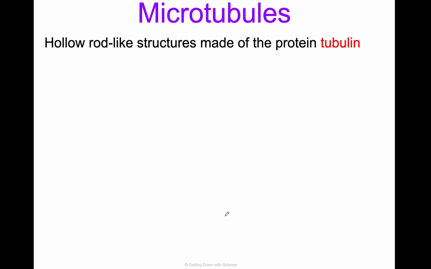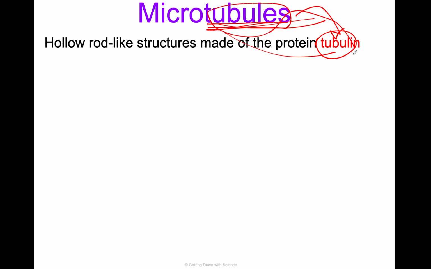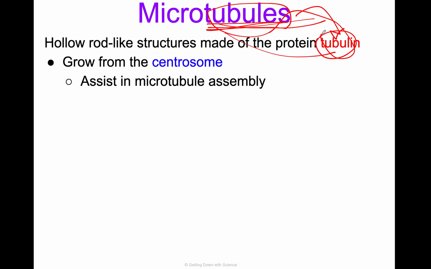Microtubules are hollow rod-like structures built of a protein called tubulin. Oh, thank goodness, tubulin is in microtubules. Tubulin is the protein that makes microtubules. They grow from the centrosome, that little organelle that exists primarily in eukaryotic cells.